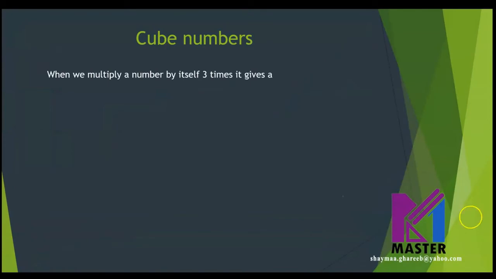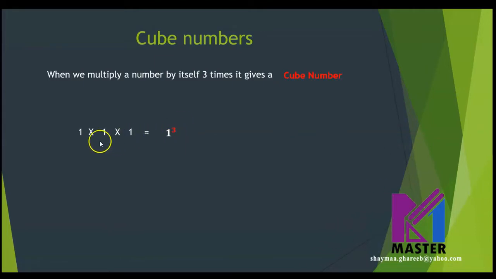Cube numbers. When we multiply a number by itself 3 times, it gives a cube number. Let's see. 1 times 1 times 1. I multiplied the 1 by itself 3 times. We can say it is 1 to the power 3 or 1 cubed.